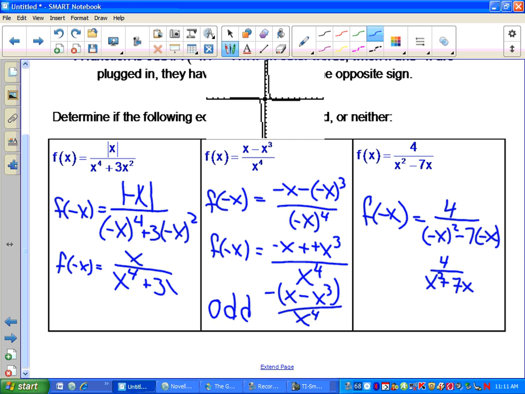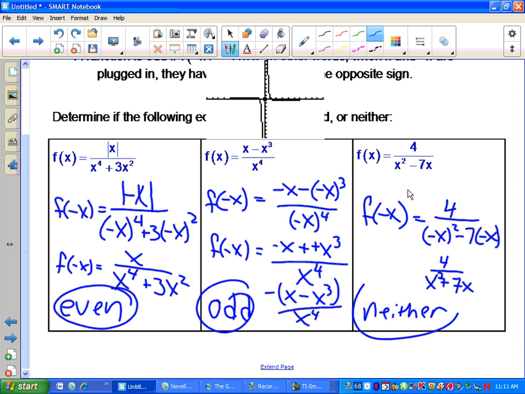Plus 3x squared. So it's the same. Make sense? We good? Okay, one more thing. Then we're done.